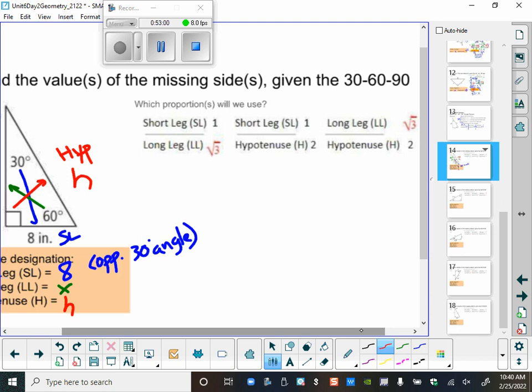The short leg, which is 8. And I tell everybody, mark it. The long leg we don't know, but the long leg we know is X.